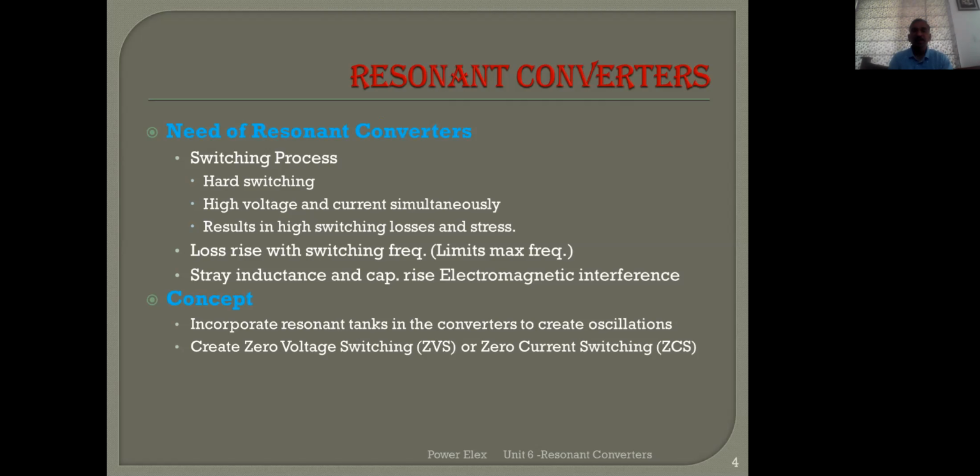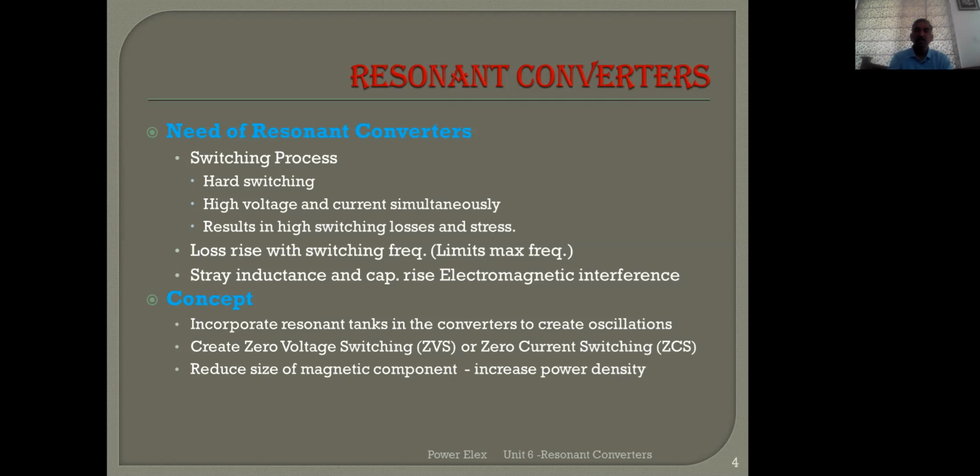So let's switch to the resonant converter. I hope everybody knows the concept of resonance, at the point where the admittances meet the susceptances. When we talk about resonant converters, we typically talk about tank circuits, which create oscillations at a resonating frequency. And this helps the circuit create zero voltage switching and zero current switching conditions.